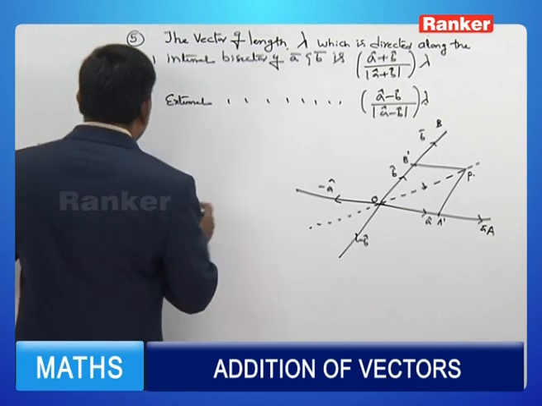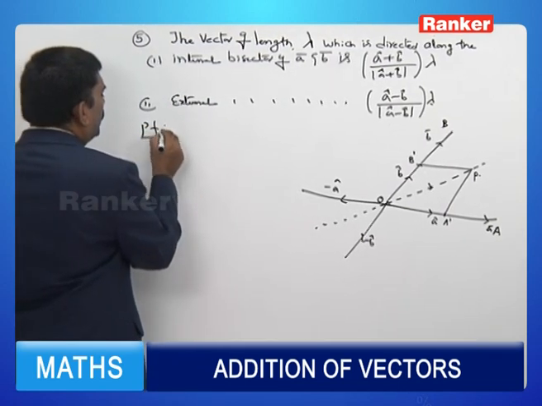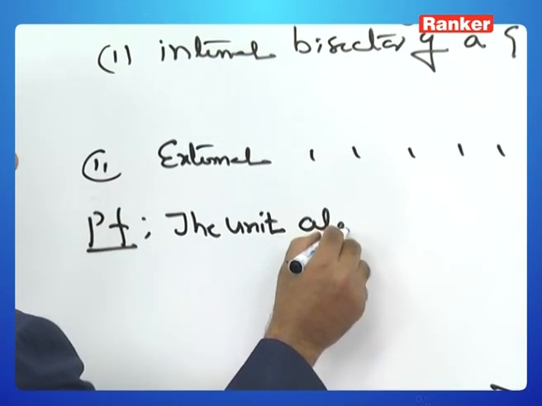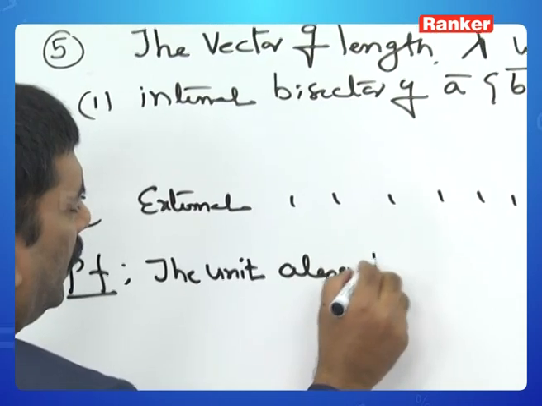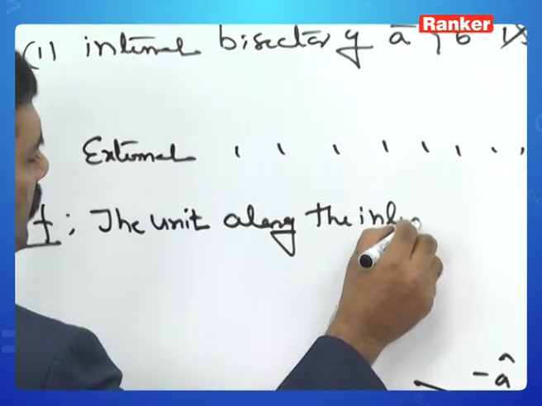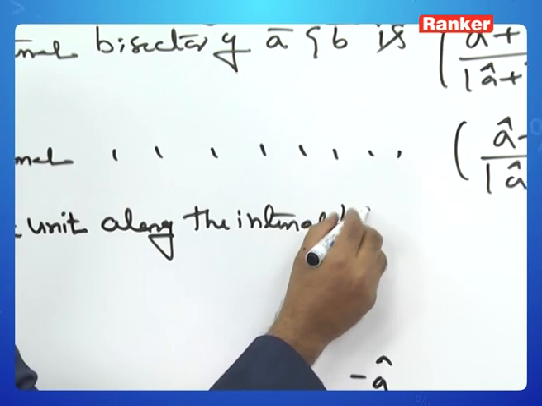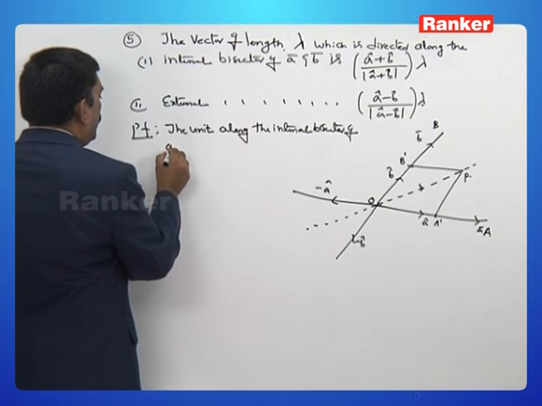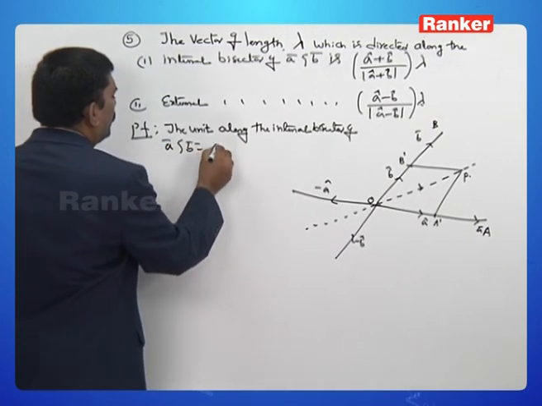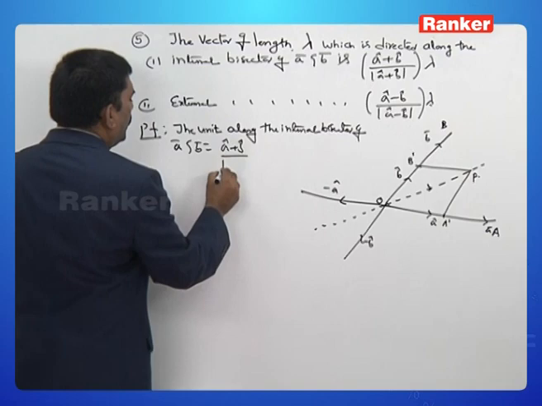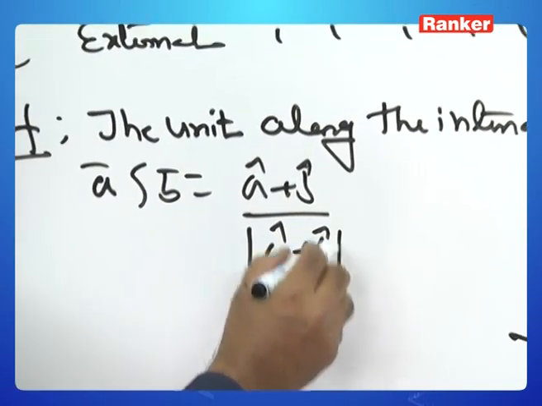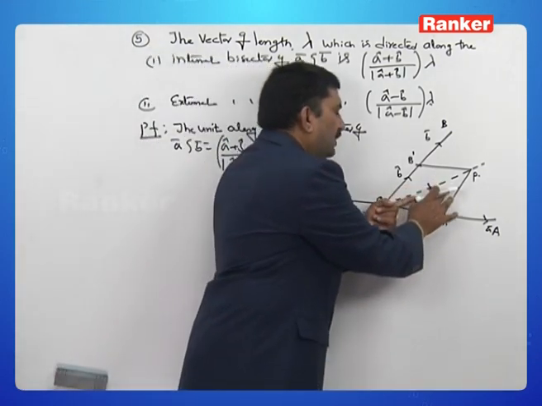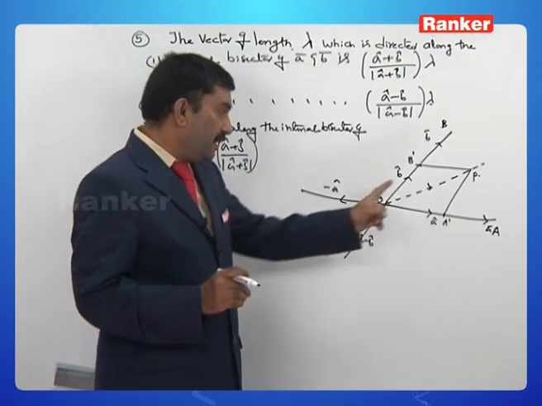You know it already, the proof of this one is the unit vector along the internal bisector of A bar and B bar is equal to A cap plus B cap by modulus of A cap plus B cap, as we proved earlier. Up to here it's a unit vector, but its length is 1.